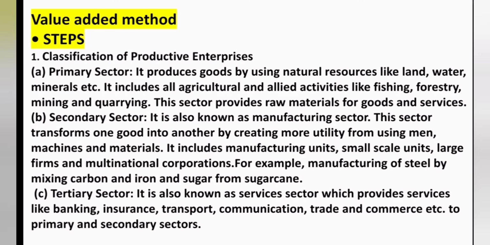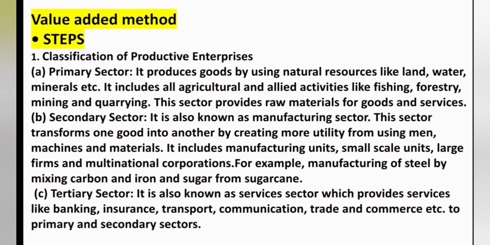Before the calculation, we will see what are the precautions to be taken while measuring national income by value added method. And how can we avoid double counting in this system? What are the precautions?